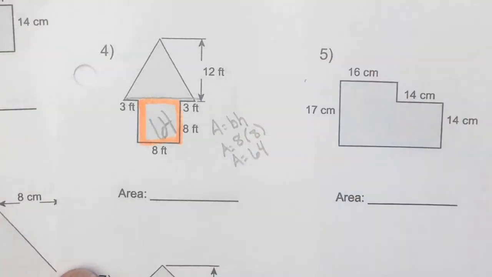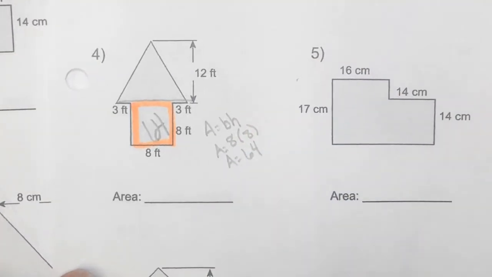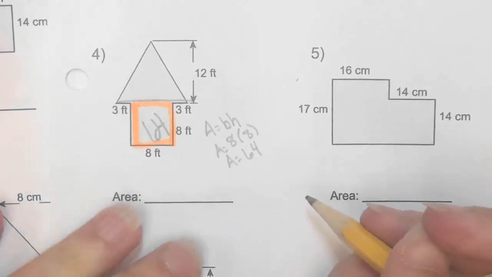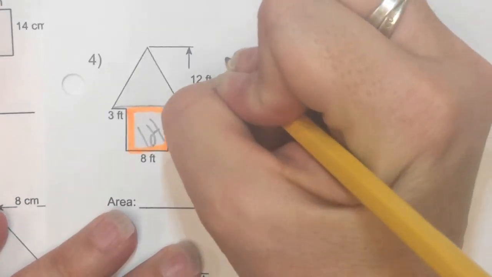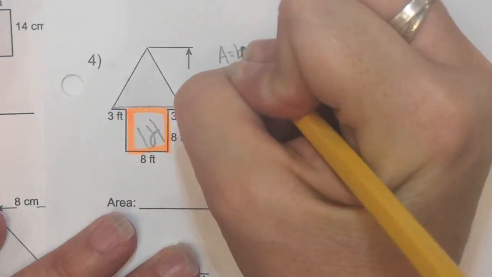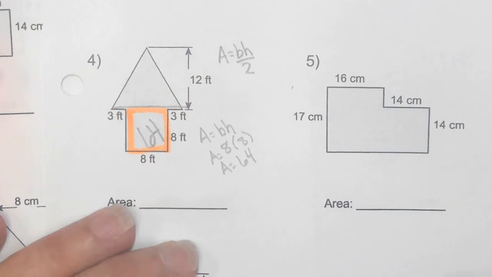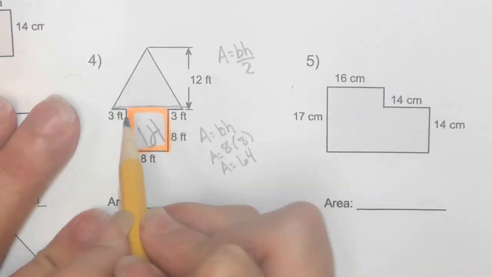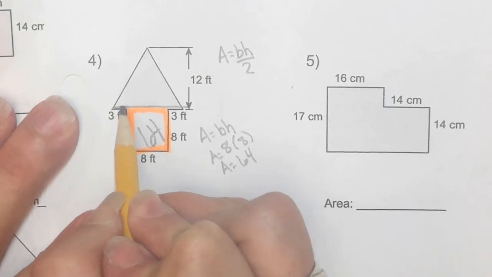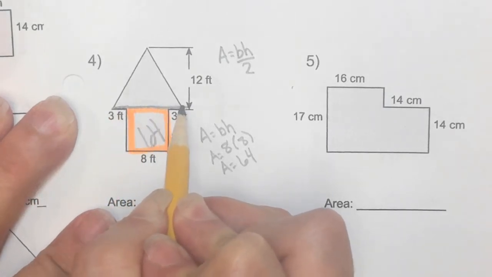Okay. The part that is getting some students is that for a triangle, and y'all already know this, you need base, height, and divide by 2. Now, the base is from this corner all the way to that corner.